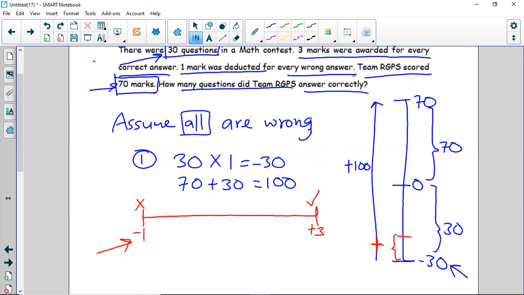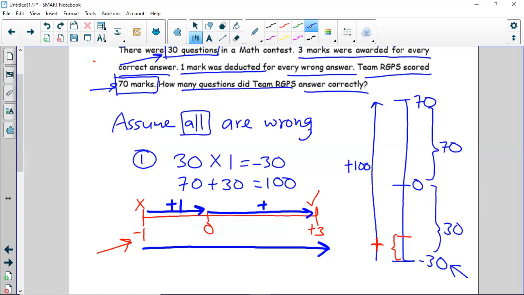So on this number line, there has to be a 0. So when you replace a wrong answer with a correct answer, how many marks do you move? From minus 1 to 0, you have to plus 1. And then from 0 to 3, you have to add 3 more.